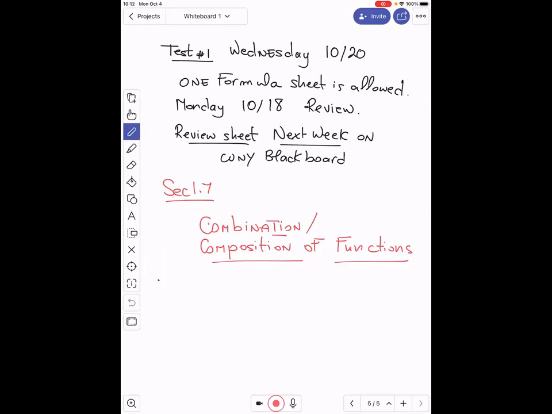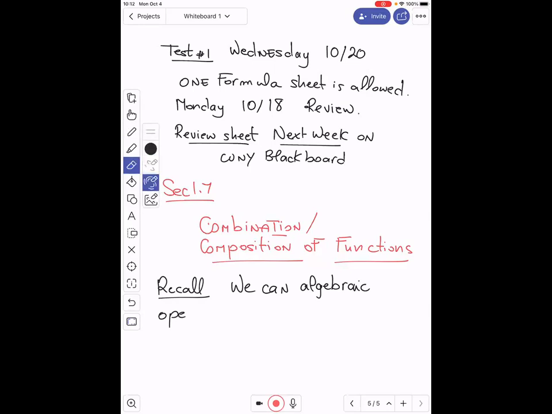Just to remind you, we can do the usual operations on functions: addition, subtraction, etc. So we can do algebraic operations on functions.